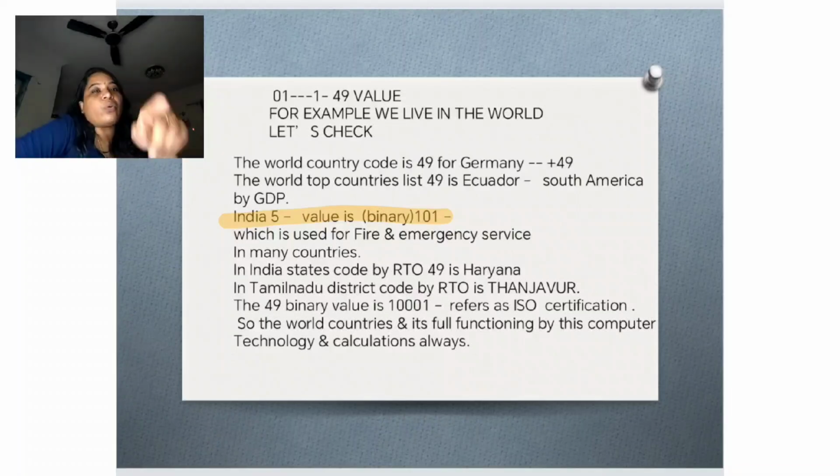They calculate and provide services to all the departments. The best example I can give is 101 for emergency service and 1001, the binary value, used for ISO certification. So all departments all over the world work with this methodology.